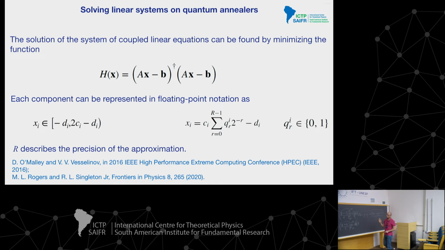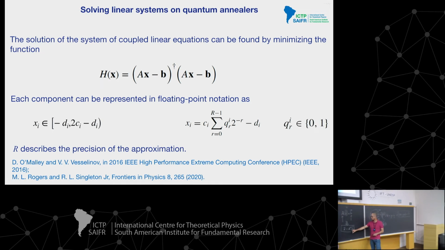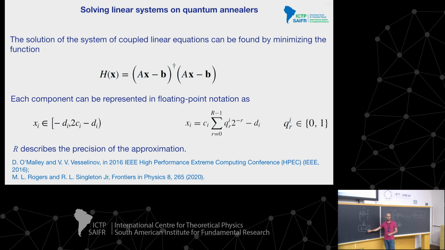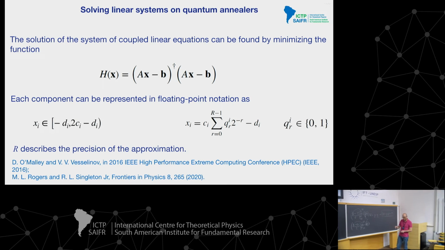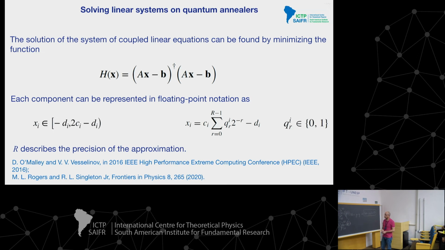For instance, probably those who already know the HHL algorithm know this is the strategy, okay? I didn't have time here to talk about the HHL, but it's a very nice algorithm.